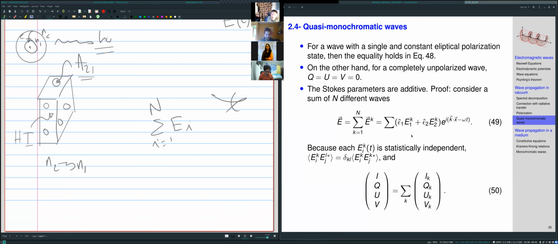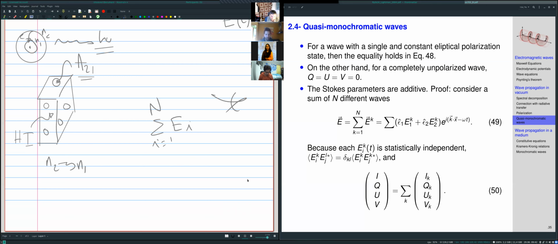And so when we average some vectorial component of this first pulse K times this other pulse L, when we do this type of average to calculate the Stokes parameters, we are led to Kronecker deltas because they are statistically independent.